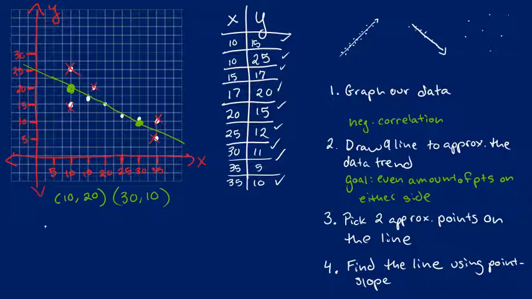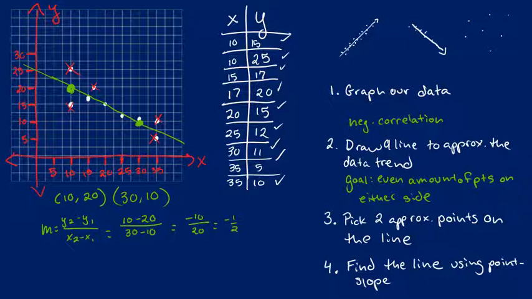First you need to find your slope, and we find our slope by y2 minus y1 over x2 minus x1 using my 2 points. So I'll say 10 minus 20 over 30 minus 10. That becomes negative 10 over 20, which is negative 1/2.